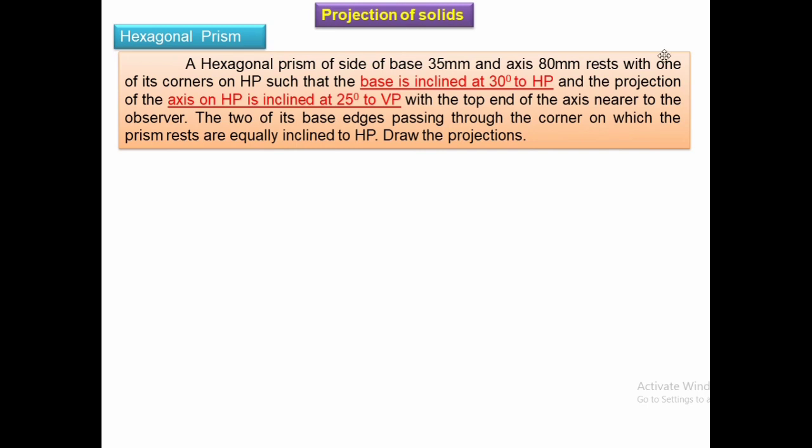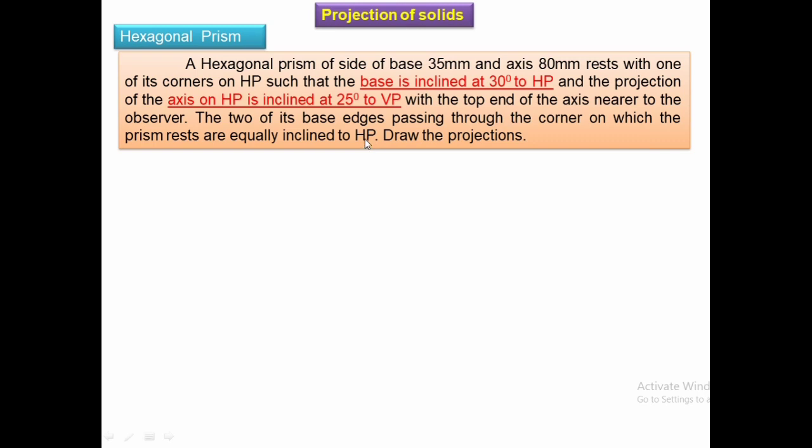Now in this problem you observe that the base has got 35 mm length and has got an axis of 80 mm, with one of its corners on HP such that the base is inclined at 30 degree to HP, and the projection of the axis on HP is inclined at 25 degree to VP, with the top end of the axis nearer to the observer and the two base edges containing the corner on which it rests equally inclined to HP.